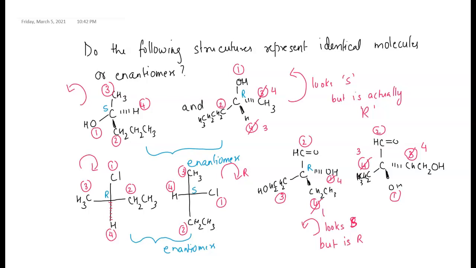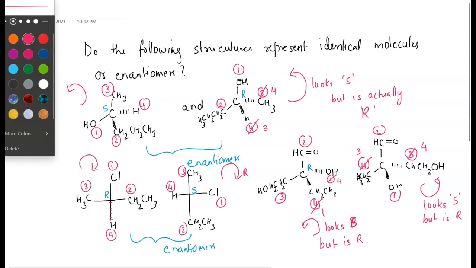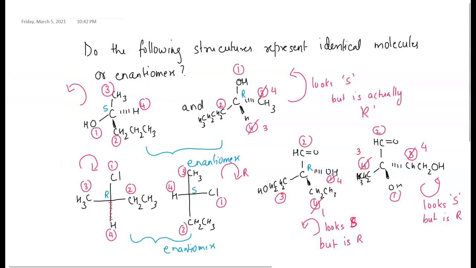So after doing the swap, what do I get? 1 to 2 to 3, right? I'm going this way. So it looks S, but is R. So here I have a case where both the chiral centers have R configuration. So that means this represents identical molecules.